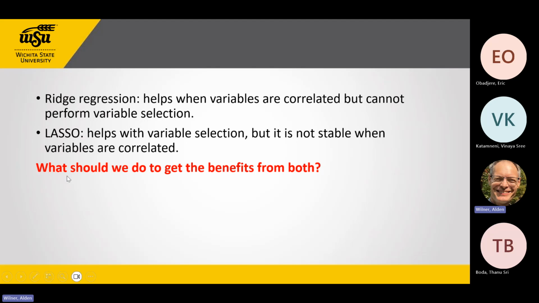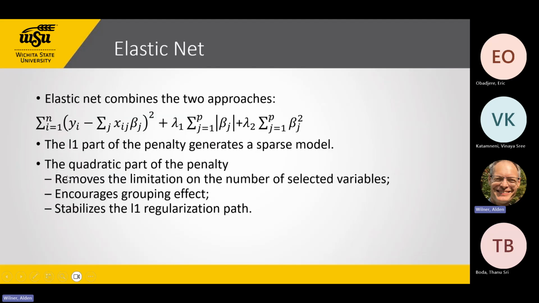So can you get the benefits of both? Yes. And the answer is we can do an elastic net where we combine both lasso and ridge regression. So here we're trying to minimize our sum of the area or volume about the regression estimate, our area about the lasso, and our area about the ridge regression.